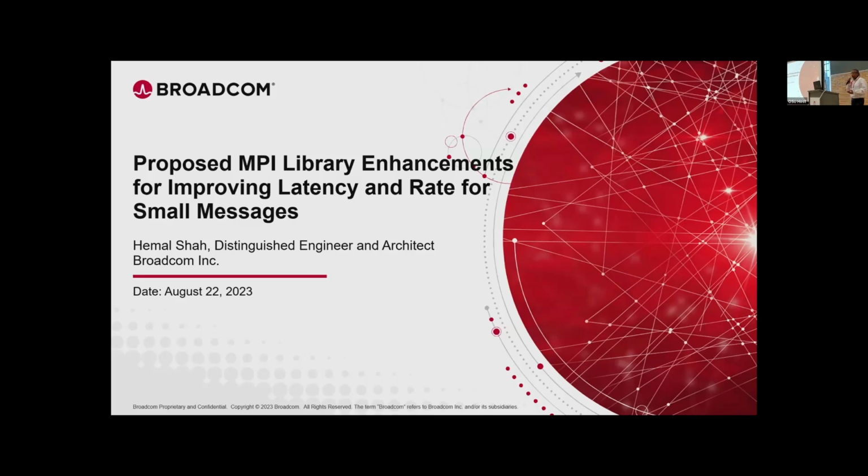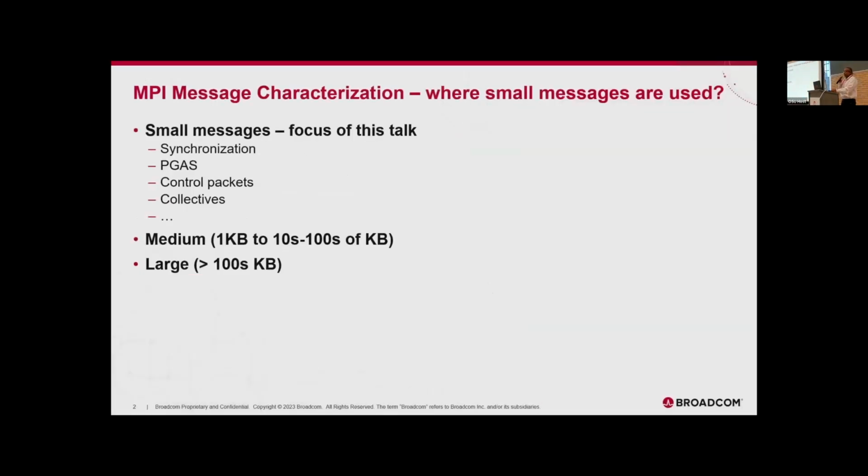So with that, let me first quickly introduce the problem, and then I'll talk about different ideas. Small messages: different people have different characterizations. I put mine here: everything below 1 KB you can call small, and medium size is 1 KB to 100 KB, then large. Why is it important for this talk?